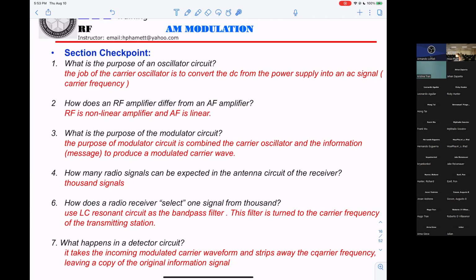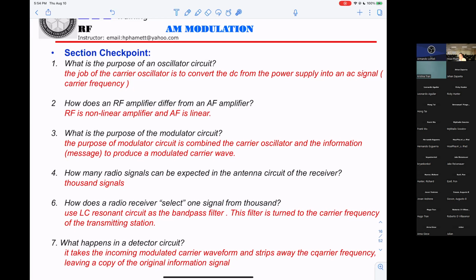So basically you get two different amplifiers. One they call RF, one they call AF. If you already learned Electronics 1, you know you can get the differential amplifier, inverting amplifier, non-inverting amplifier, and so on.